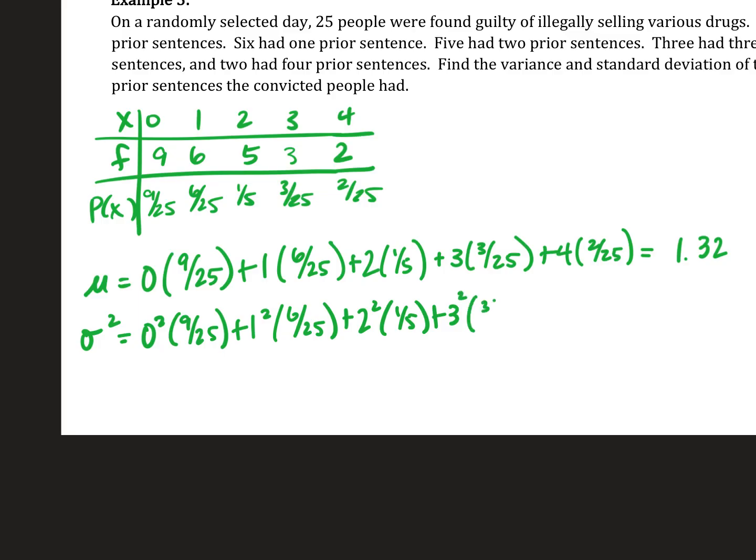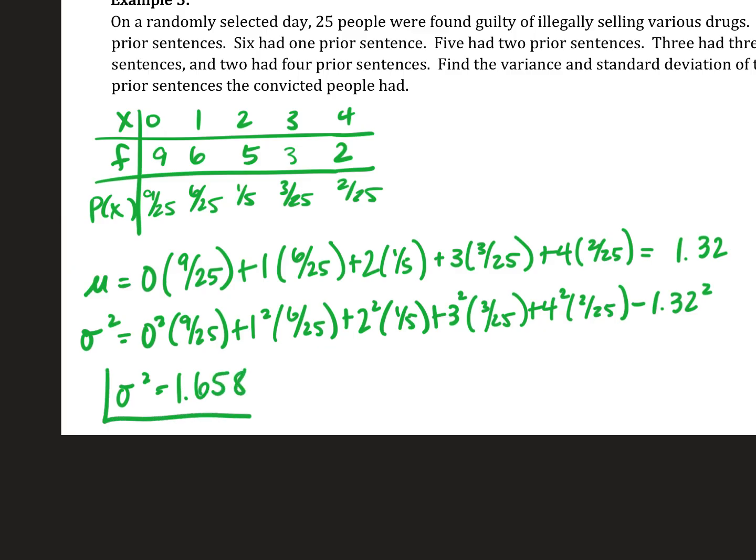One is that we're squaring the x value, and the other is that we will subtract the mean squared. So sigma squared equals 1.658, and that's variance, and of course standard deviation is sigma, so take the square root of that. 1.287.